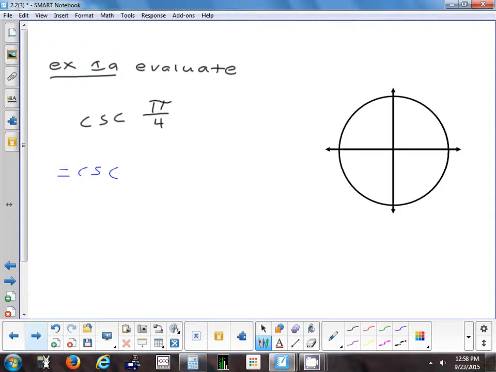How do you convert it? What do you multiply by? 180 over pi. So 180 divided by 4. So basically take half of 180 and then take half of it again. 45.